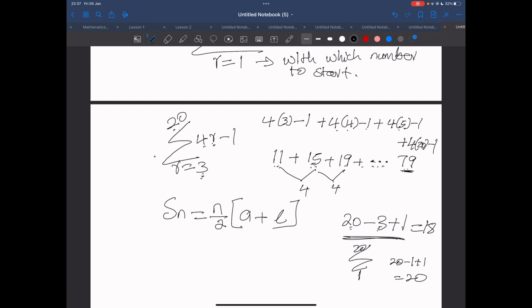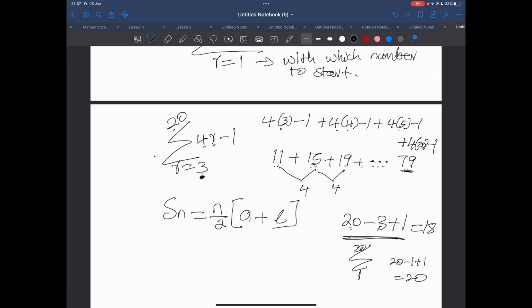If you want, you can count them one by one, and you'll realize that there are 18. Remember, we are starting from 3 itself, so we are counting this. We are not starting from 4, because if we were, there would be 17 terms, as some of you might think. But we are counting even the number 3 there.